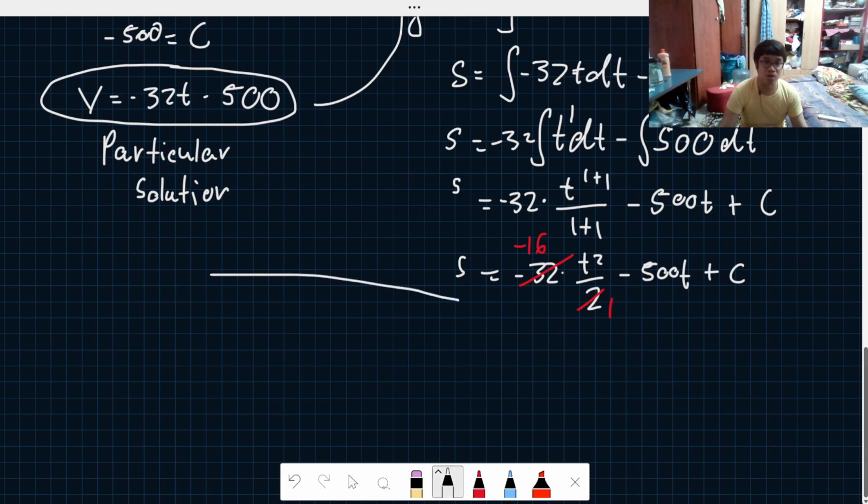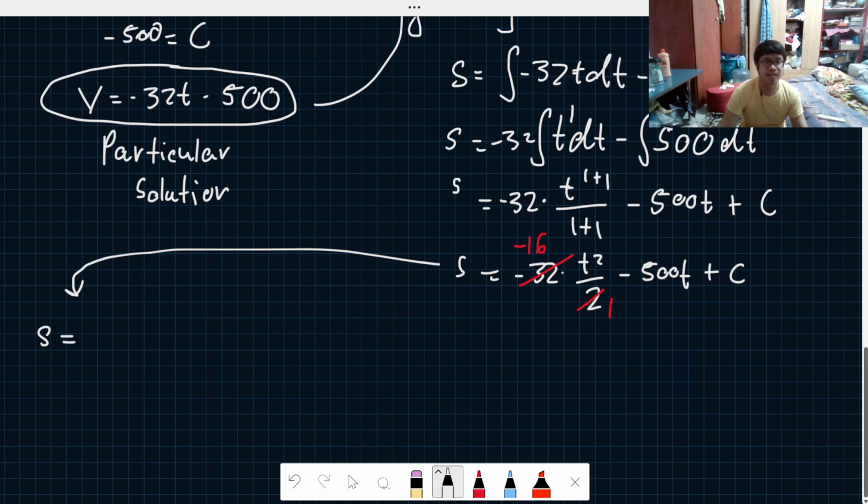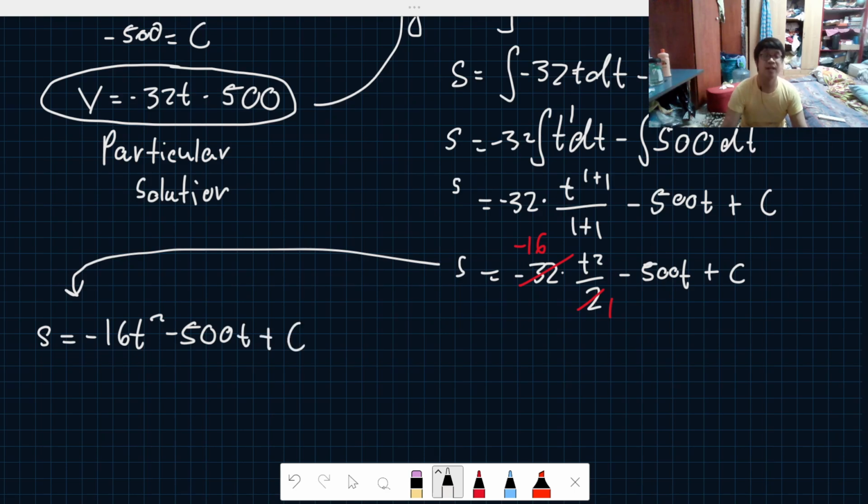Hence, your simplified answer would be s is equal to negative 16 t squared minus 500 t plus c. But again, guys, this is not a formula for displacement yet, because this is just a general solution.